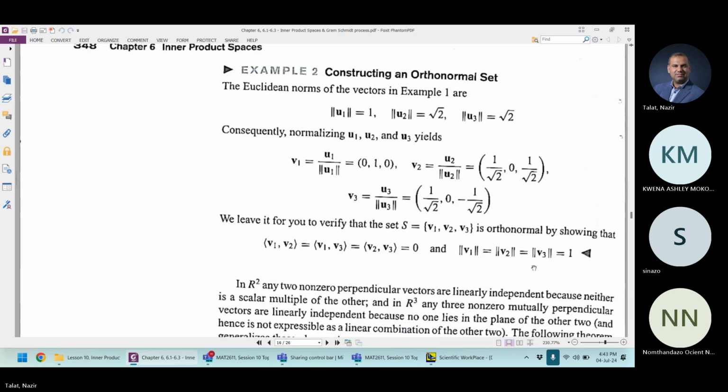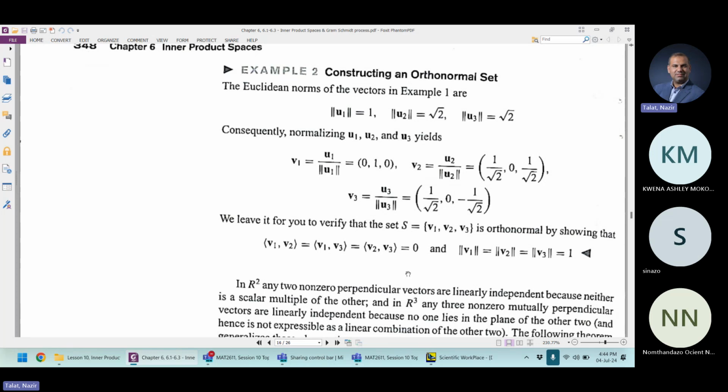It means their length is 1, as well as their inner product with each other is 0. So v1, v2, v3 are orthonormal vectors. Orthonormal vectors are those vectors whose inner product is equal to 0 and whose length is equal to 1.